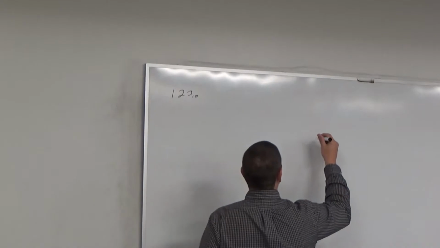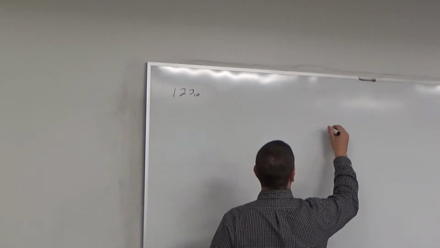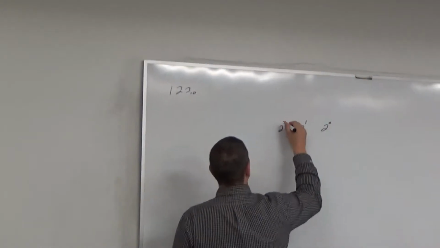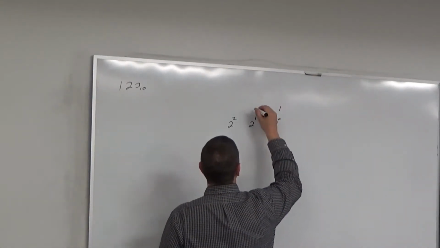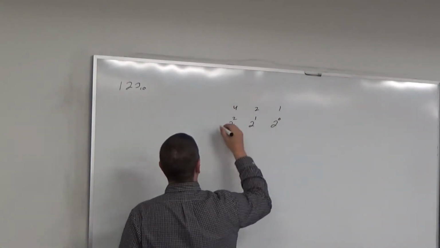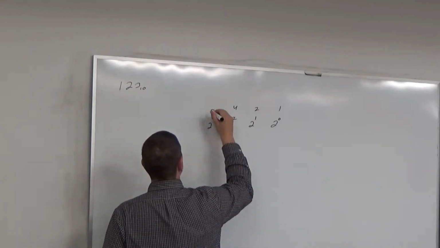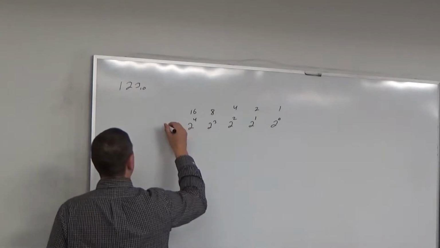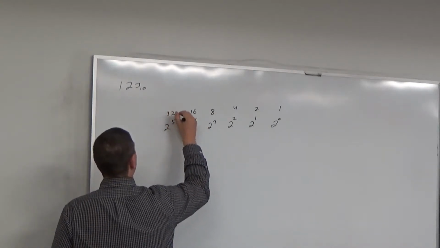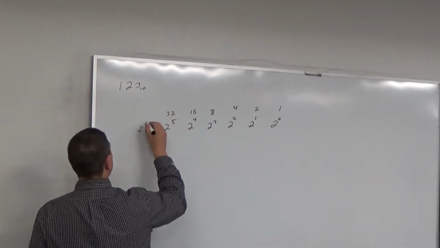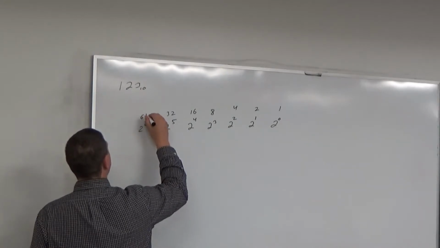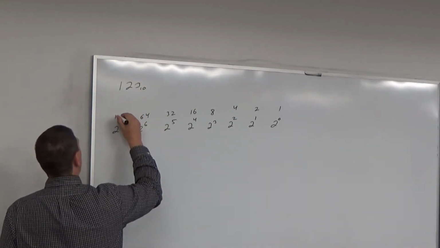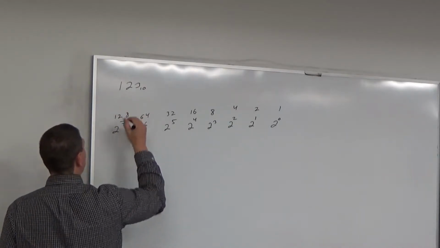I start writing out my powers of 2. So I go 2 to the 0, 2 to the first, and above that you can write 1, 2, 4, 2 cubed, which is 8, 2 to the fourth, which is 16, I hope I don't run out of room, 32, 2 to the sixth, which is 64, just barely make it, 2 to the seventh, which is 128.